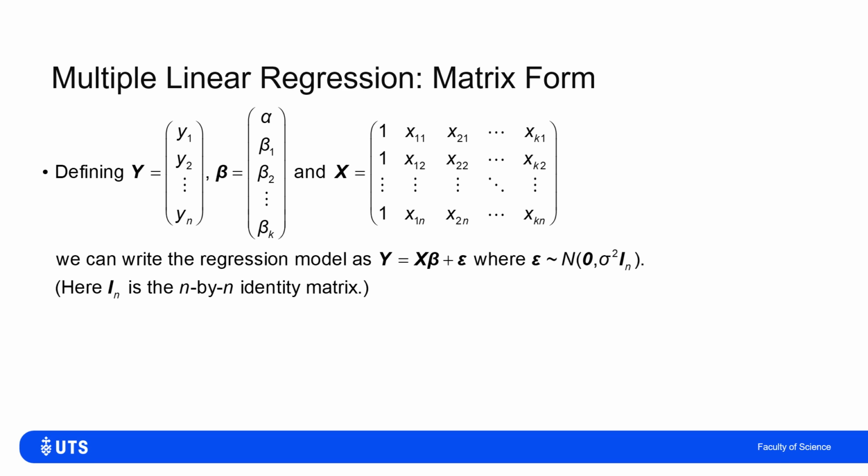Now, the matrix X of observations is the slightly tricky one here, because it's easy to see that I need each of the observations in there, x11, x21, x31, xk1, but I also need this column of ones at the start, and that's because in the model I want plus one lot of the intercept term.